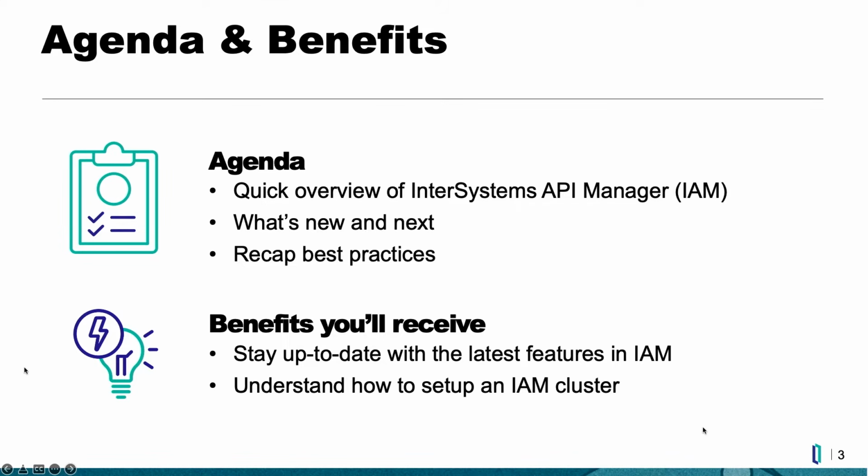So we're going to cover all of the new features that are in that version. So you get an overview of all the new and shiny things that you can take advantage of. Those are obviously all the benefits of this session: you get an overview of what API management is, why you should take care of it, why you should leverage it, and what the newest additions are in that space.